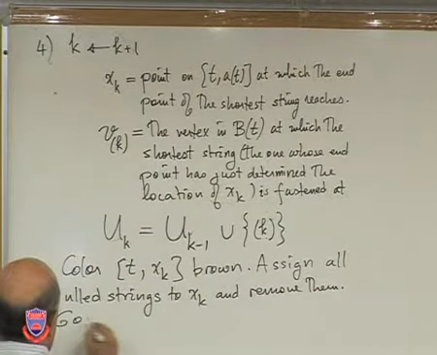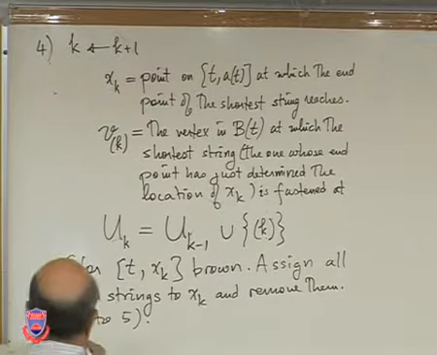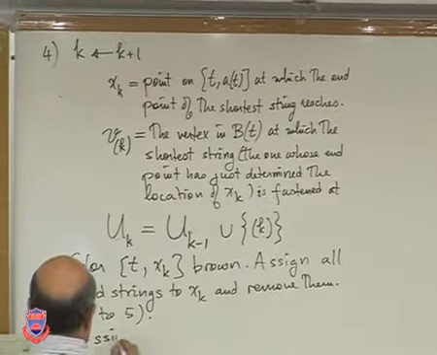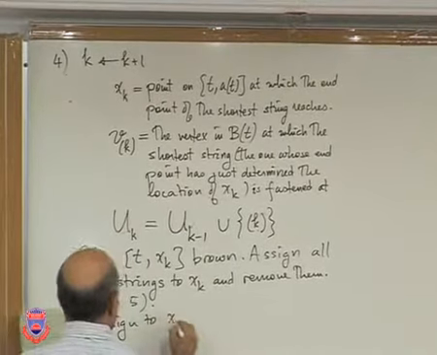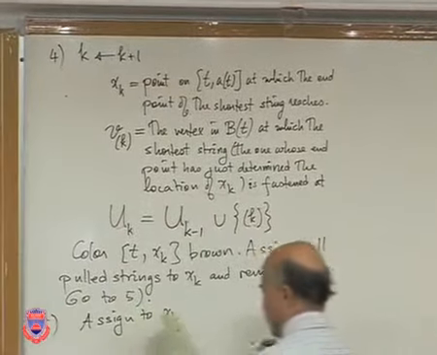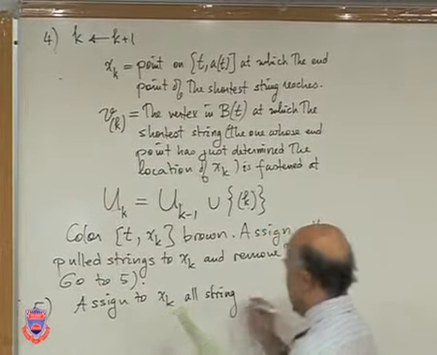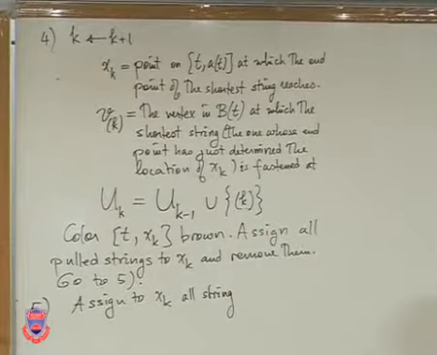We then go to step 5. Assign to xk, the most recently located facility, all strings elsewhere in the tree which reach that point.